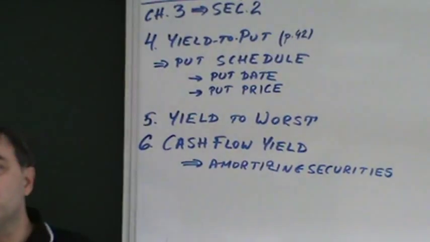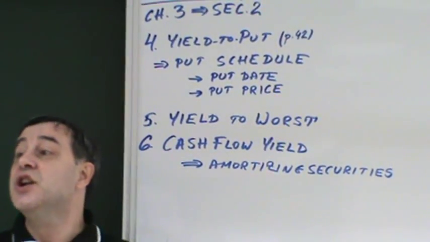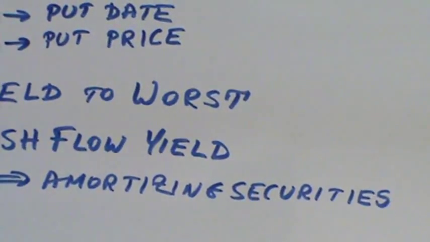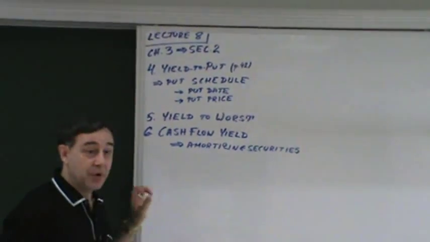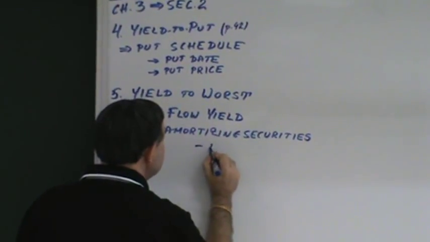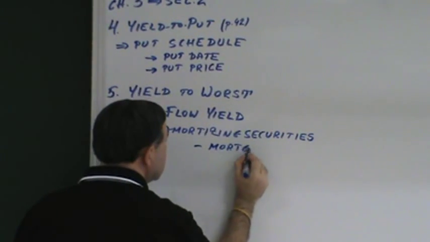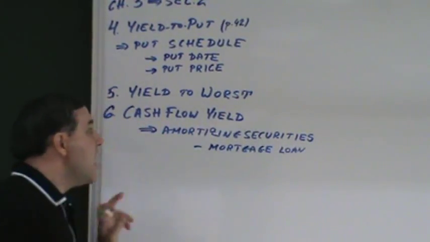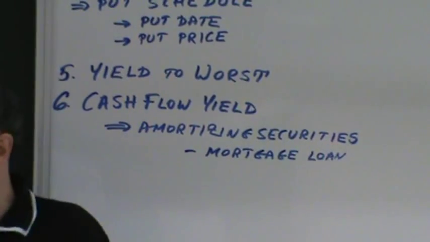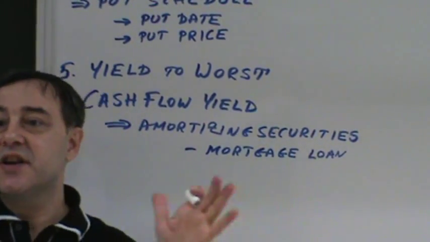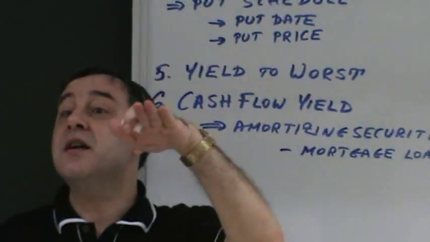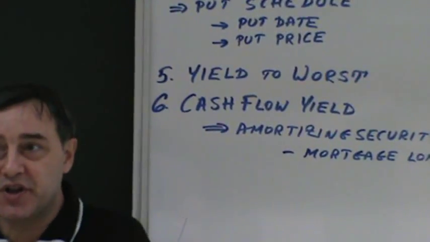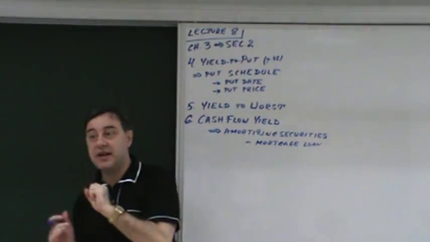An amortizing security is a security which pays not only coupon, but also partially pays the principal. One particular example is a mortgage loan. A mortgage loan will be paying interest and principal. It will be paying principal down slowly and steadily until on maturity there is little principal left.